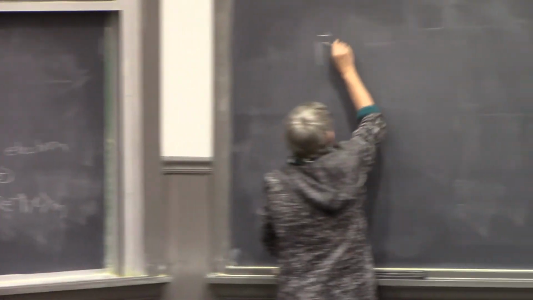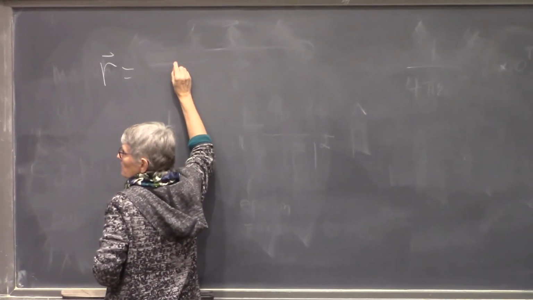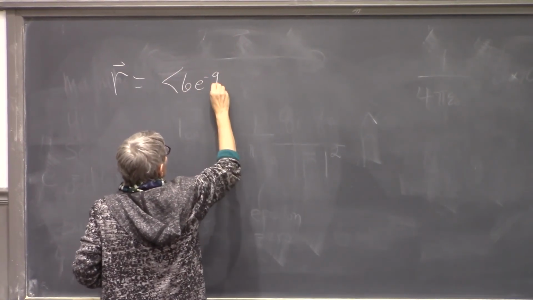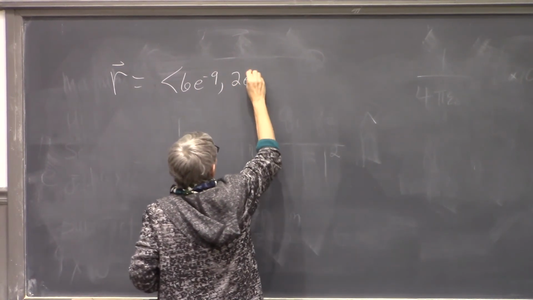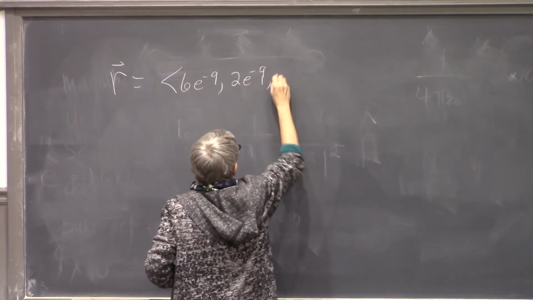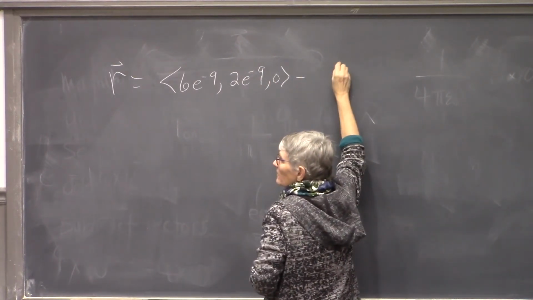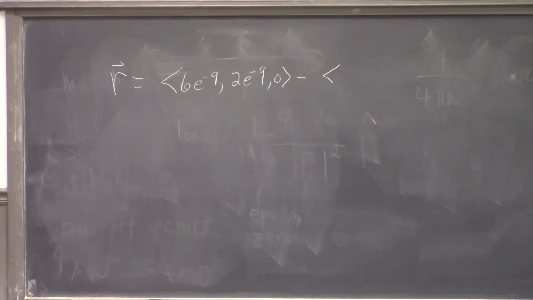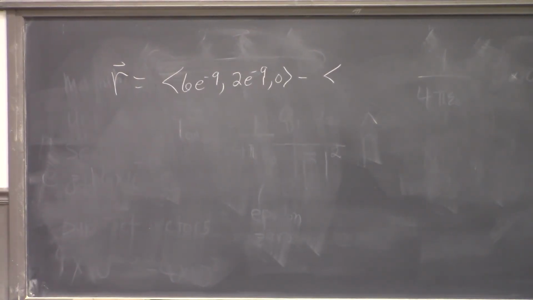So R is going to be equal to 6 times 10 to the minus 9, 2 times 10 to the minus 9, 0 minus... They can't both be 6 in the x, can they? That's just wrong. That's a 9.